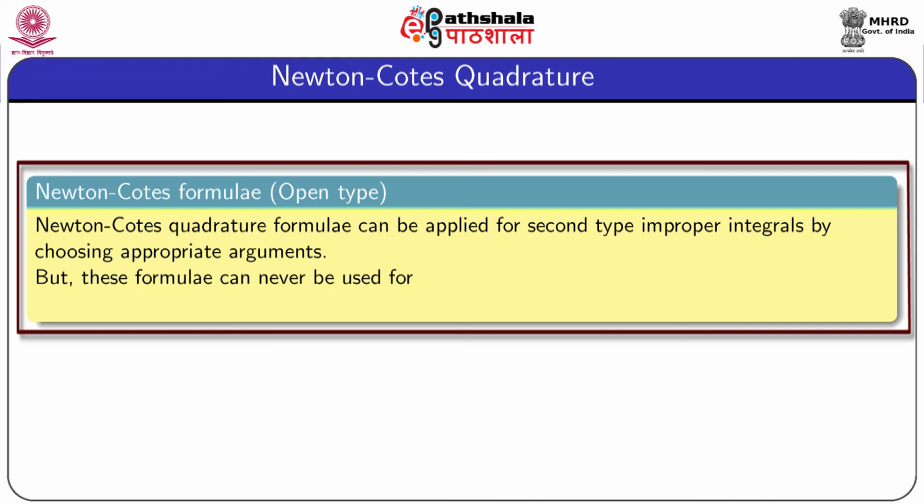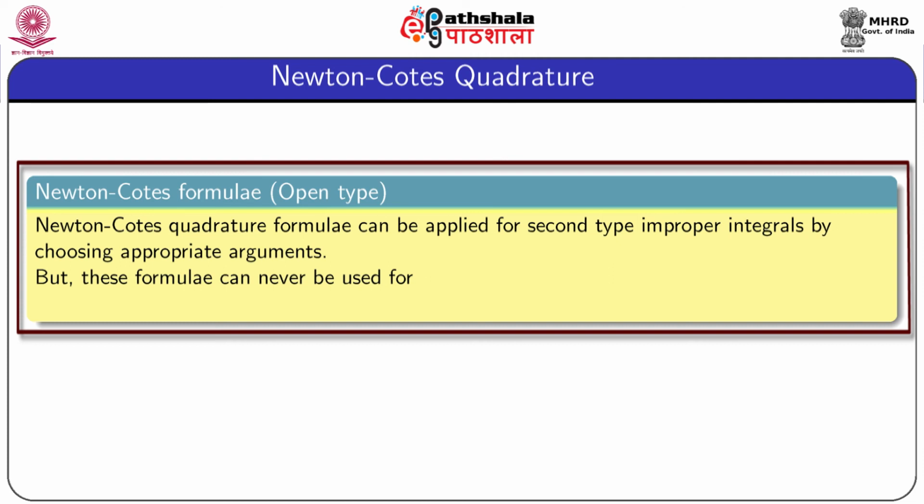All these formulas are applied to find the integration of any kind of integrable function, but if the integral is improper, of the first type or second type, then the previous formulas cannot be applied. Now, we consider another type of Newton-Cotes quadrature formula called the open type. The Newton-Cotes closed type formula can be applied for second type improper integrals by choosing appropriate arguments, but it is not always possible.